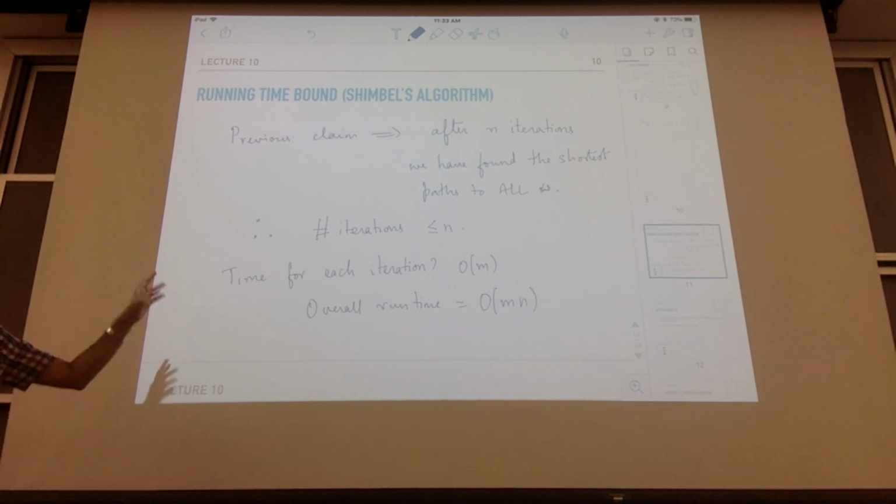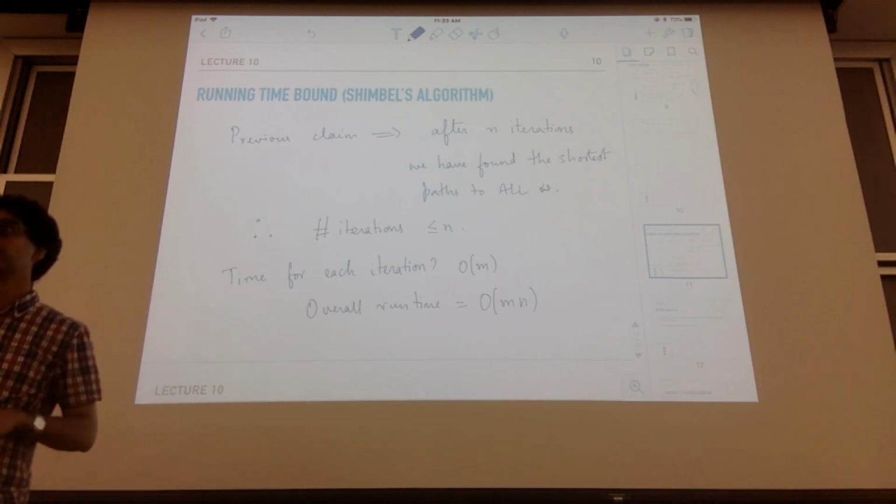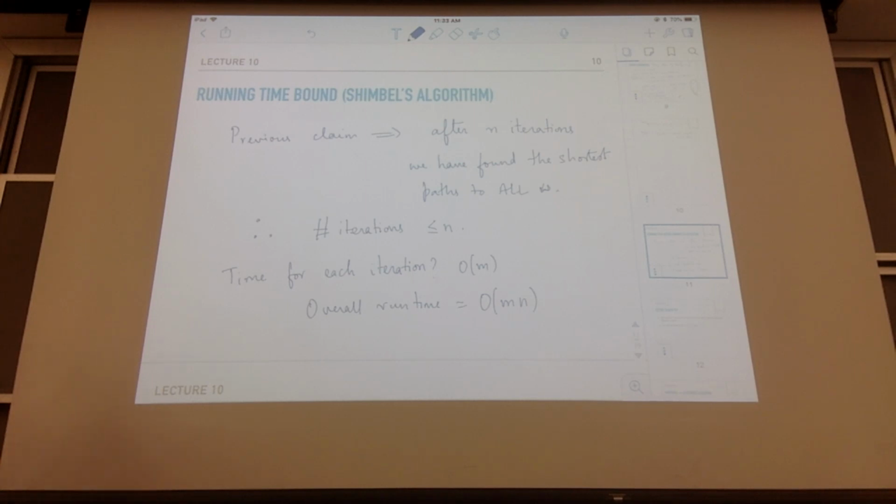I'm just upper bounding that by n. So he's saying that if not all vertices are reachable from the source, then you just have the size of the connected component. You don't have the size of the whole graph. Okay, so yeah, that's correct.